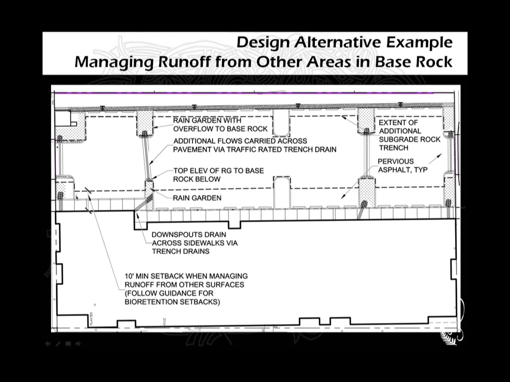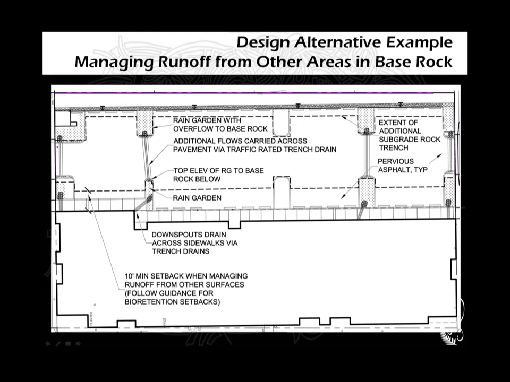This whole parking lot is porous pervious concrete, and these are all the landscape areas. Some of them are rain gardens, some of them are not. This gives us a way to settle out particulates before sending the water into the base rock.